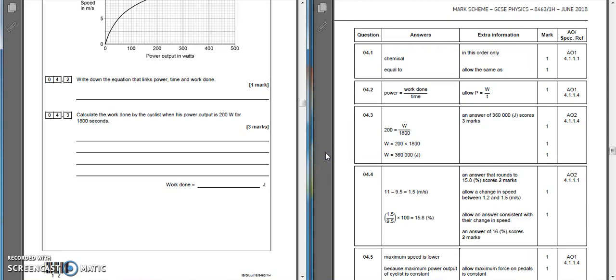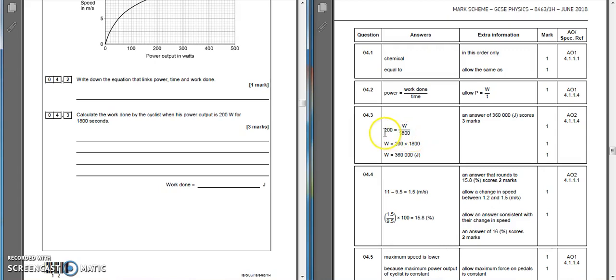If you didn't know it, obviously it was a little bit harder for you. So look at the way the marks are structured for this. The first mark is for substituting your numbers into the formula. Before you do anything where you can make a mistake, make sure you do that. And then we've got a very simple form of algebra to solve. If 200 is the answer when you take W and divide it by 1800, how would you find out what W is?